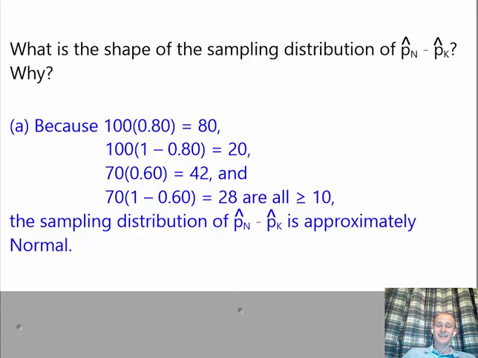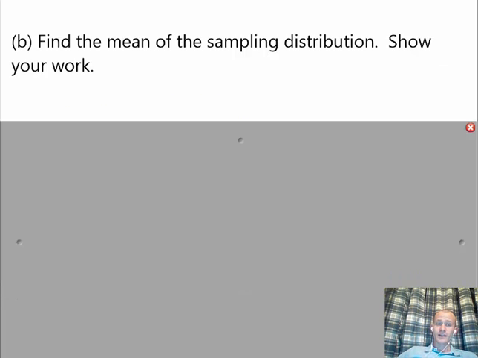So we can say that the sampling distribution of p hat sub n minus p hat sub k is approximately normal. Hopefully what we've done so far follows from what you remember from our last few chapters. We're still looking at proportions, still looking at the shape of those overall, and we're just taking two samples and putting those together, and still checking the 10% and normal conditions.